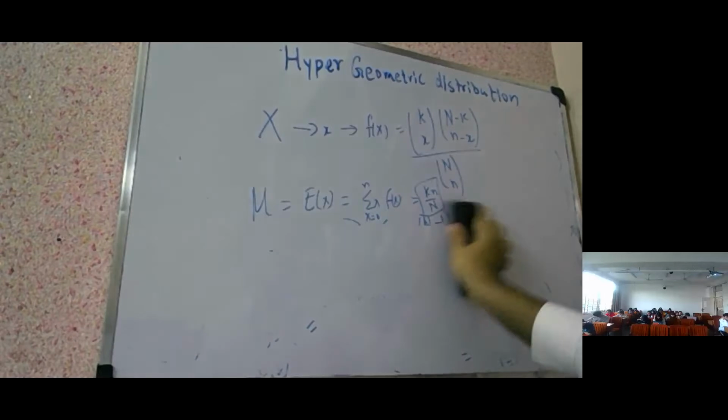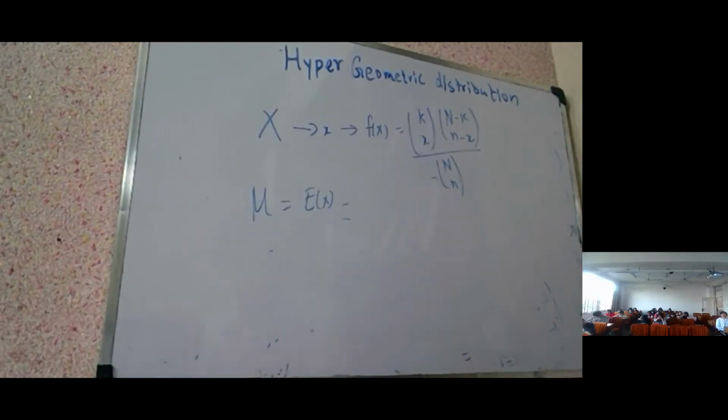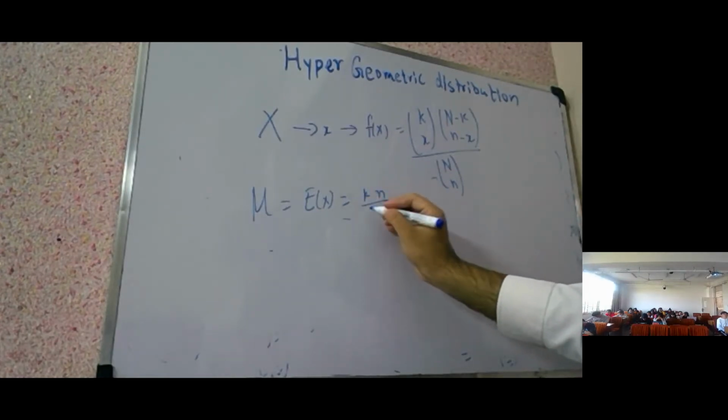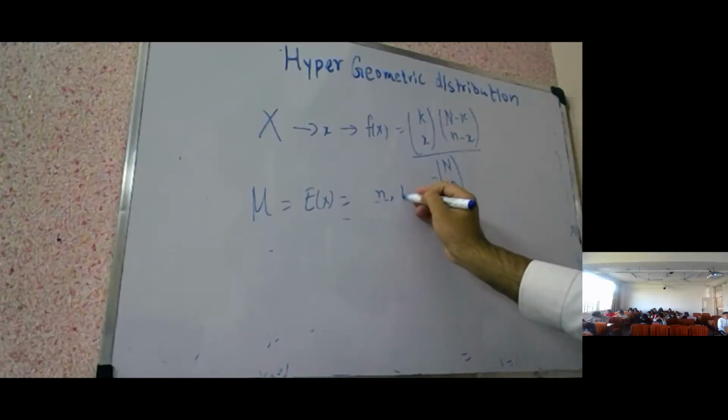Right? So we can say that our mu is kn upon n, or n times k upon n. So what does that mean?